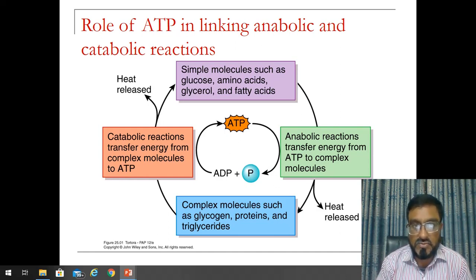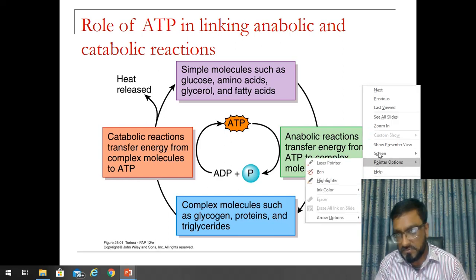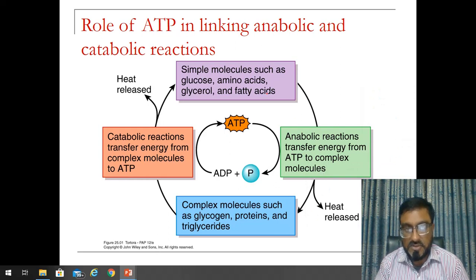So look at this one. Simple molecules such as glucose, amino acids, glycerols, and fatty acids are actually using this ATP to form the complex molecules.